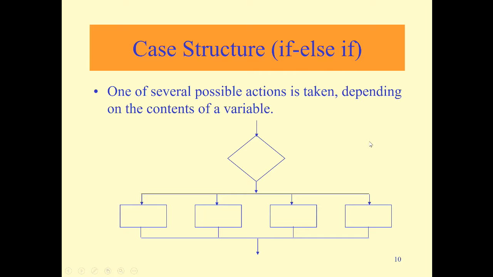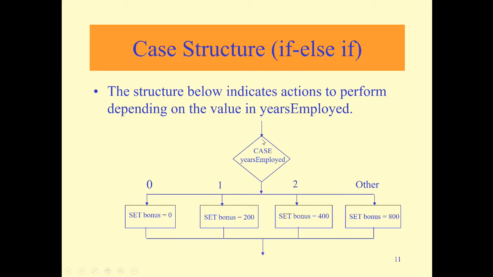For a case structure, something like an if-else if, there's one of several possible actions to be taken depending on the contents of a single variable. In this case, we're checking for the years employed. If years employed is equal to 0, then set the bonus equal to 0. Else if years employed is equal to 1, then set the bonus equal to 200.